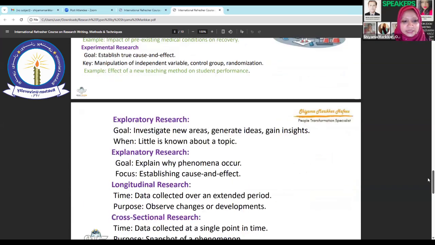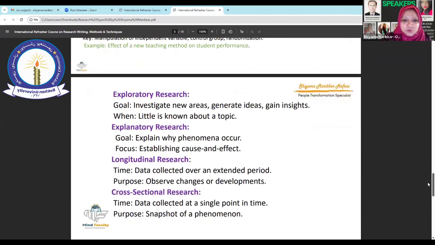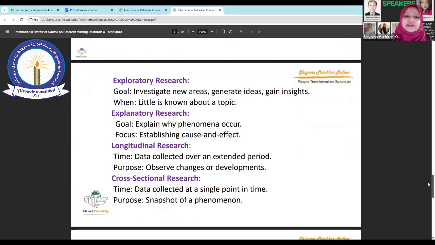And let's look at the exploratory. So experimental is cause and effect, investigation based. Exploratory means to investigate new areas or generate ideas, gain insight. When you know little about your topic, for example, let's say that you are going to introduce a new product in the market.